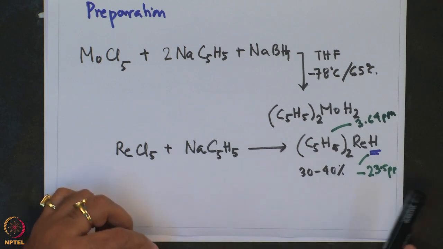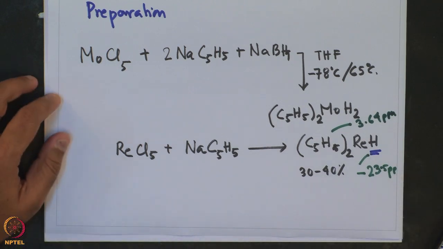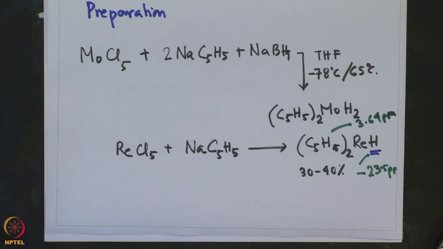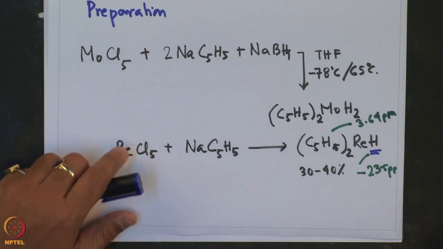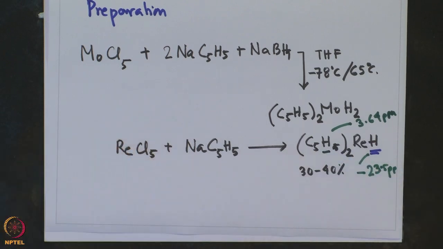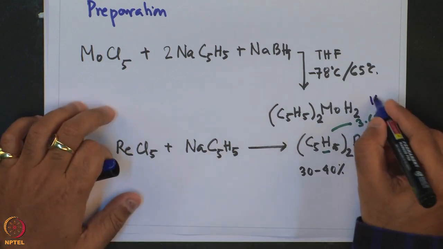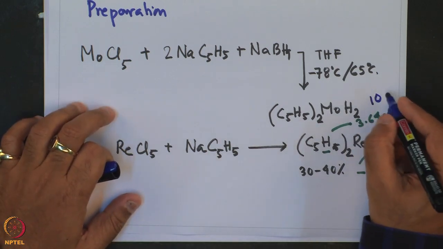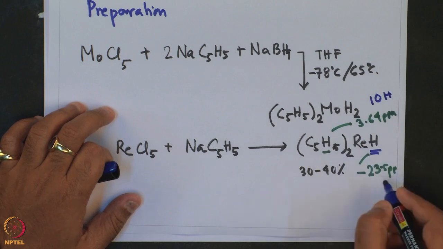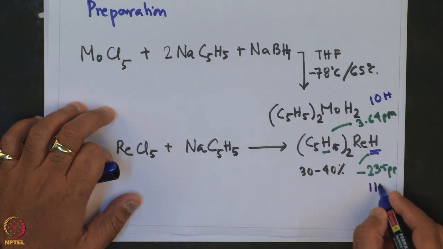So, the proton NMR is extremely informative, and it is very simple because it has two peaks, the peak at 3.64, which belongs to the C5H5, appearing with integration ratio of 10H, whereas the hydride appears as 1H.